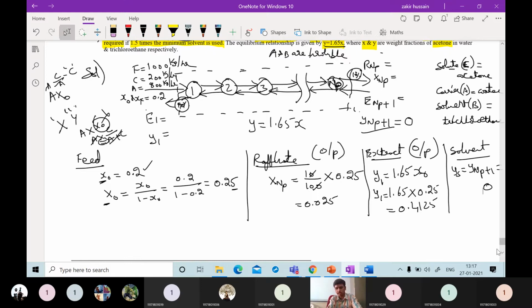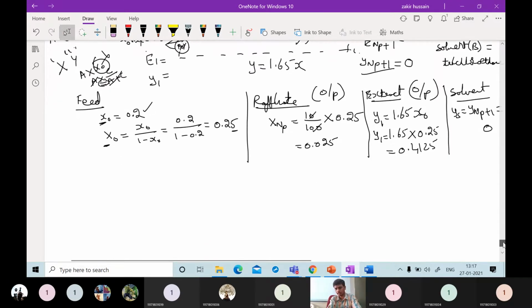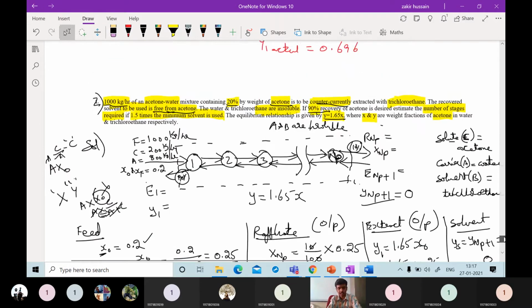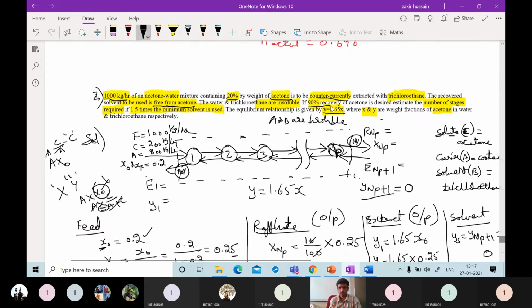Now the next step is to assume the data points. In order to draw the equilibrium curve, we have to assume the data points. In the problem, they asked us to estimate the number of stages, meaning NP. One clue they have given is that B actual is equal to 1.5 times B minimum.